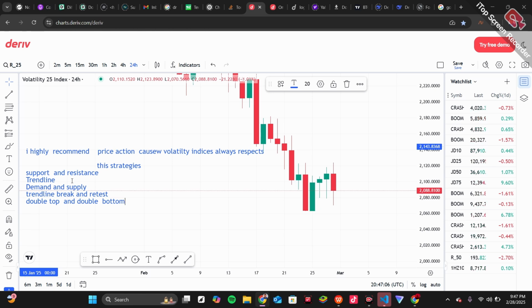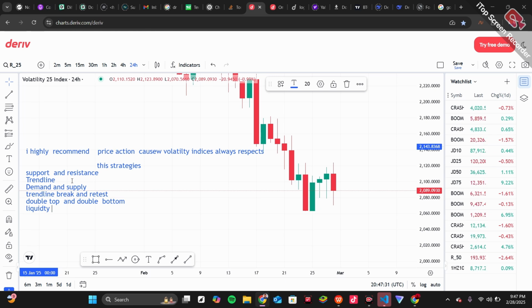So last and most important thing, liquidity. See, liquidity. This is something you will never escape from. Liquidity appears on every chart. Bitcoin chart, crypto charts, currency charts, and synthetic indices charts, the commodity and stock charts.